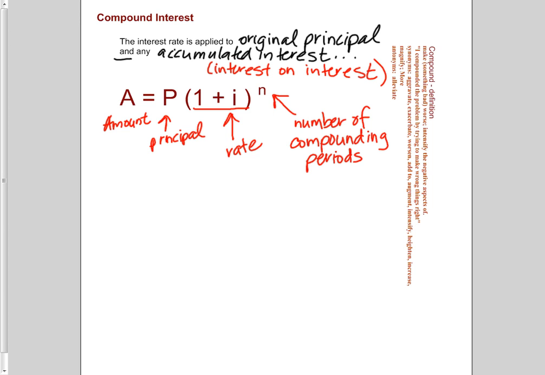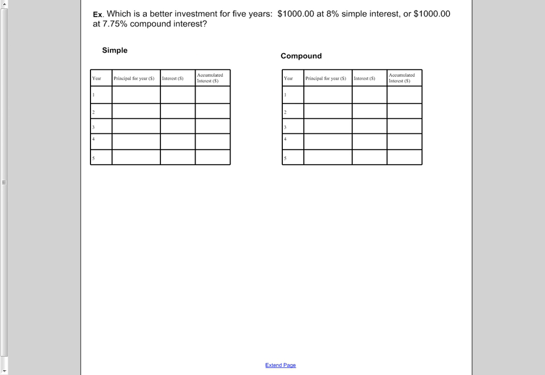Let's look at an example. Okay, which is a better investment for 5 years? $1,000 at 8% simple interest or $1,000 at 7.75% compounded interest. So for our simple interest, it is always calculated on the principal, which is $1,000.